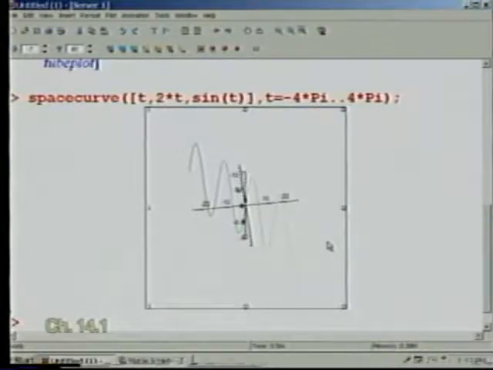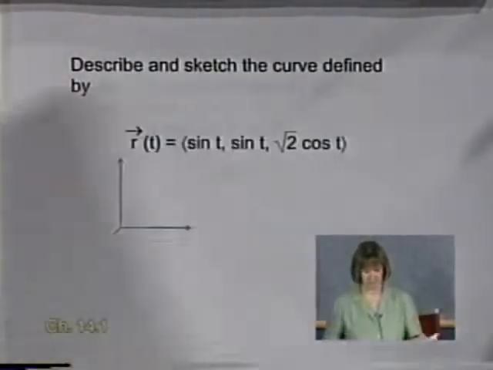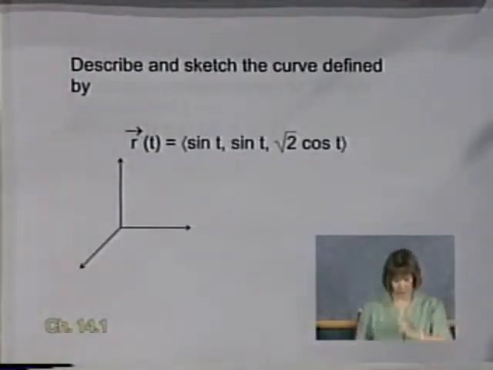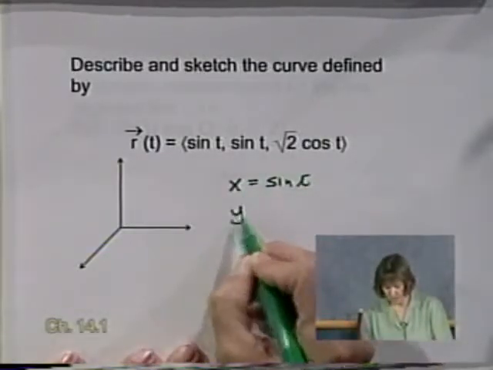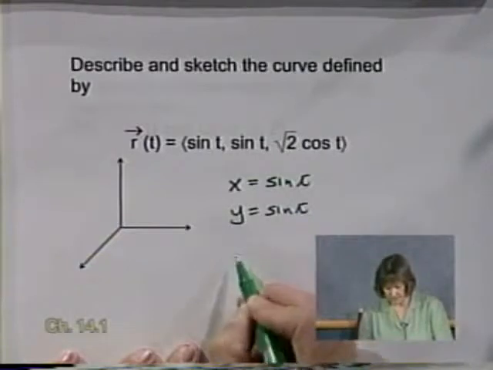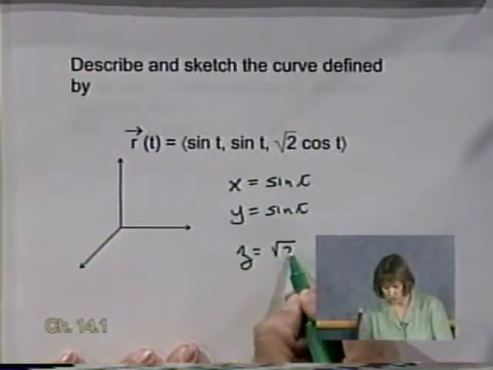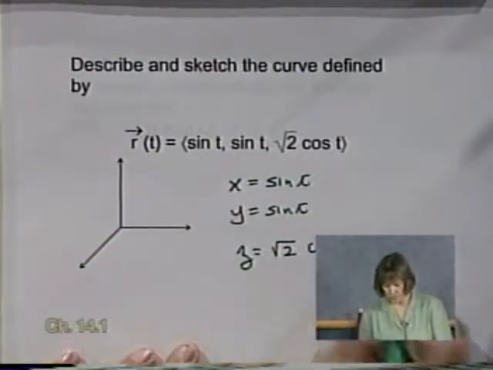Next one I want to look at. Okay, this one's pretty cool. Notice, x equals sine t, y equals sine t, and z equals square root of 2 cosine t.